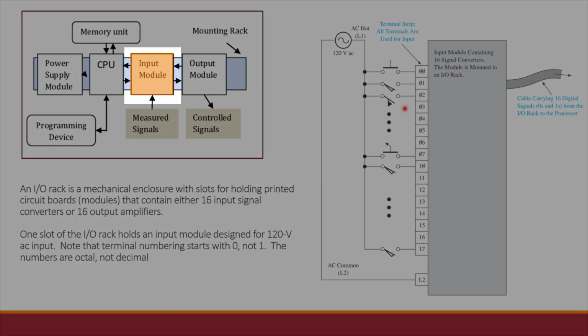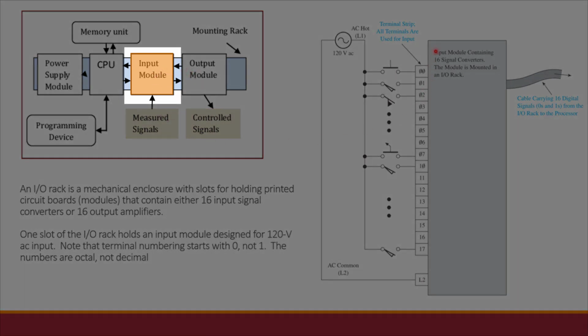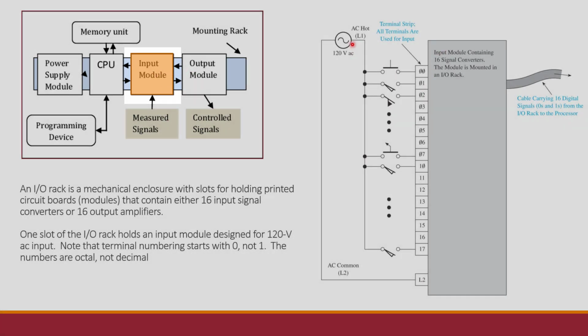Looking at the input module, we see that I've got 120 volts over here, and they're supplying these various switches. I've got a push button switch, I have a limit switch, this is a flow switch, different kinds of switches.